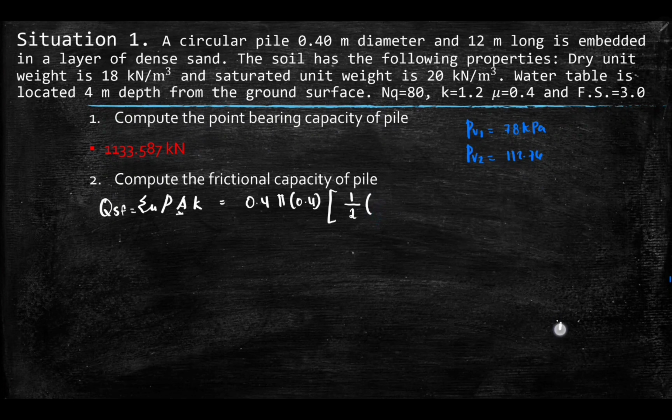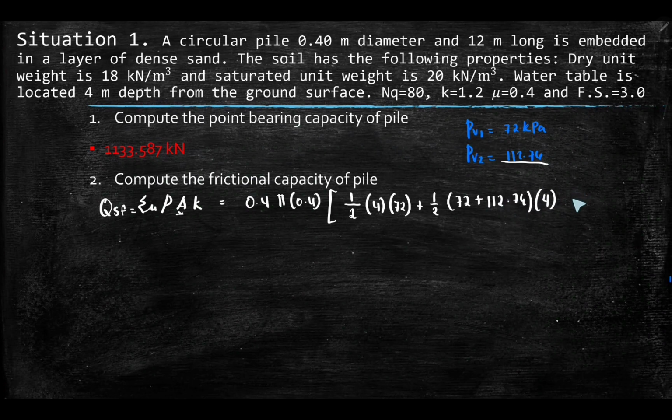Our base is 4, and our height is the pressure diagram value, which is 78. Next, in layer 2, we have 1/2, varying again, 78 plus the height at the second, which is 112.76, times our base, which is 4.